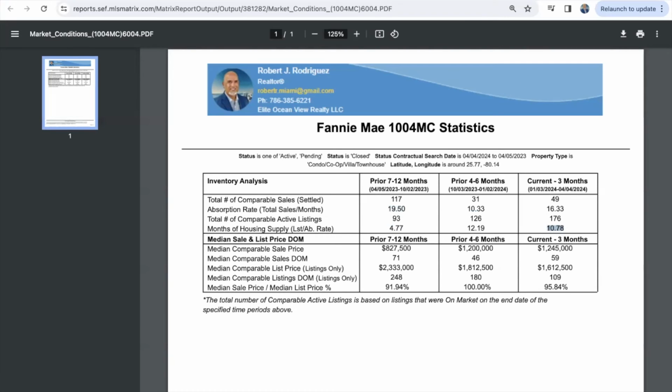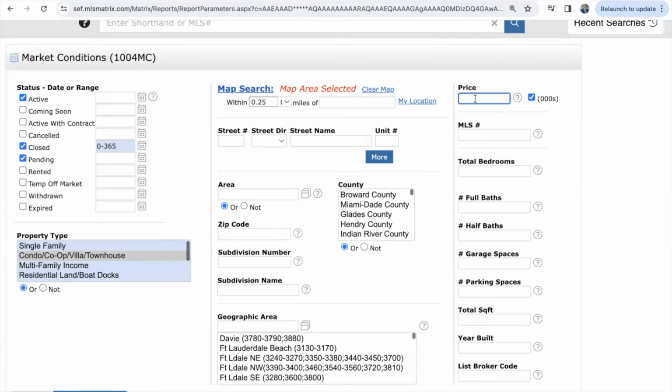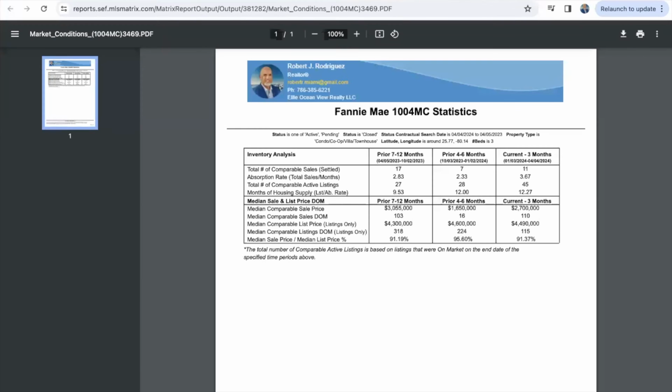And you can also do this for properties of 3 bedrooms. Forget the bathrooms. Let's just go with properties of 3 bedrooms. How is the market behaving for condos that have 3 bedrooms? All right, we go from 9.5 months of inventory all the way up to 12.2 months of inventory.